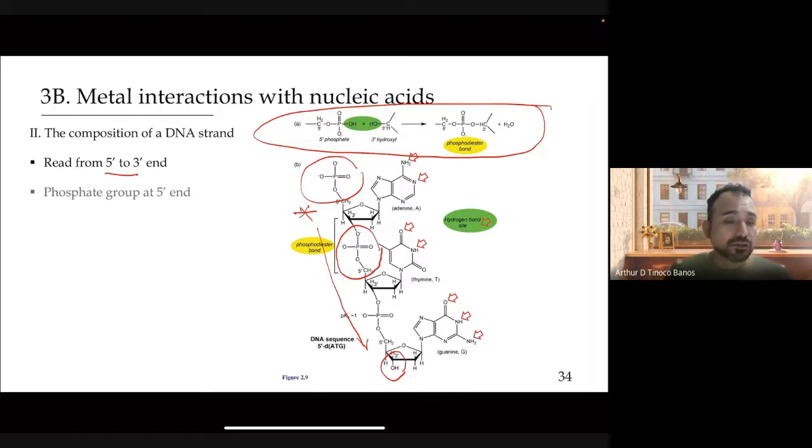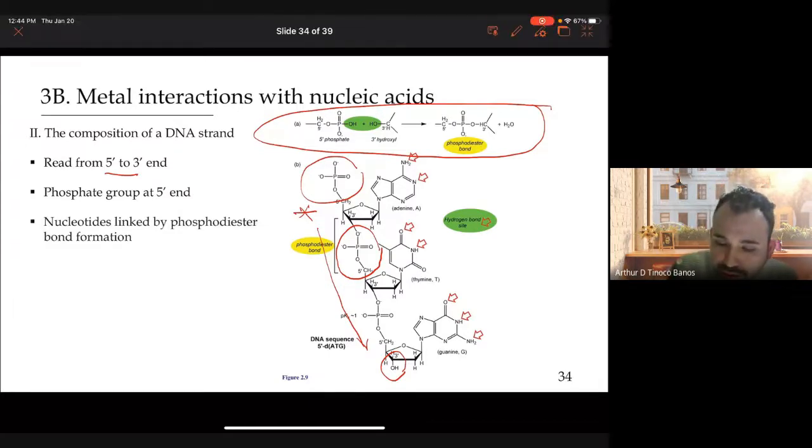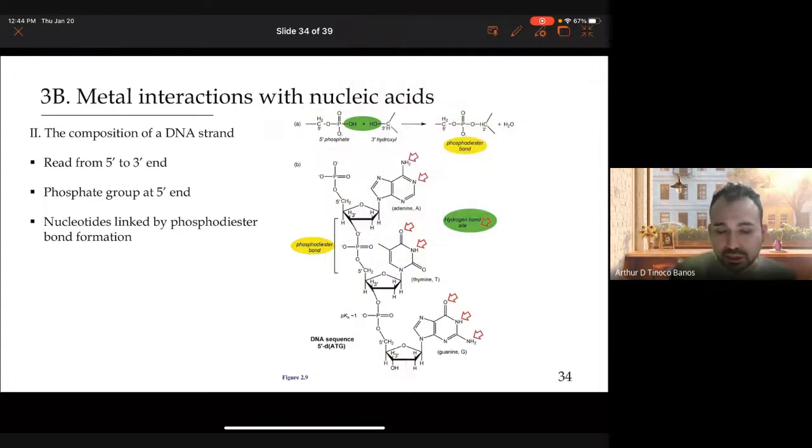So the phosphate group at the 5' end, and what you're going to see is the formation of a phosphodiester bond. Okay, so I'm going to clean this up just a little bit to emphasize this, where you have the OH group from the 3' end of a nucleotide, right? That electron density being drawn to the phosphorus, and so then this will become protonated, and this will be a good leaving group.